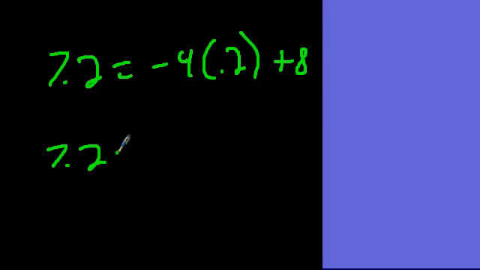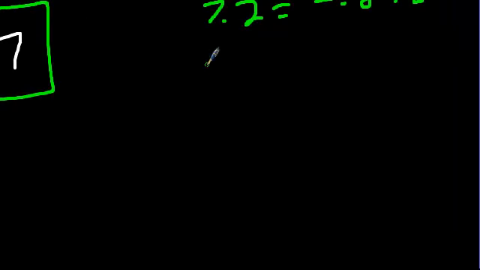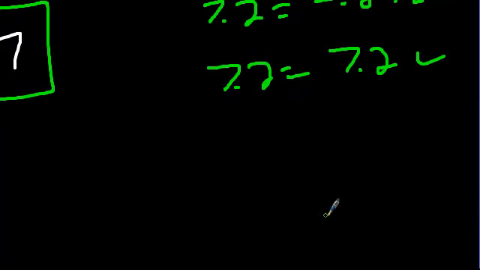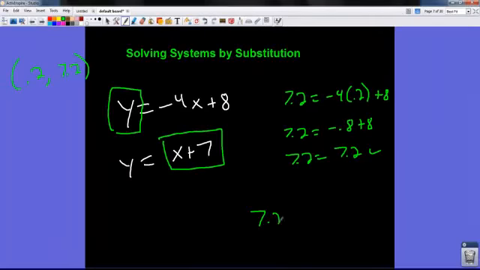So 7.2 equals negative 0.8 plus 8. So 7.2 equals 7.2. Yes. And then down here, 7.2 equals 0.2 plus 7. 7.2 equals 7.2. Yes. So my solution works, and I have an answer. And everyone's happy inside.